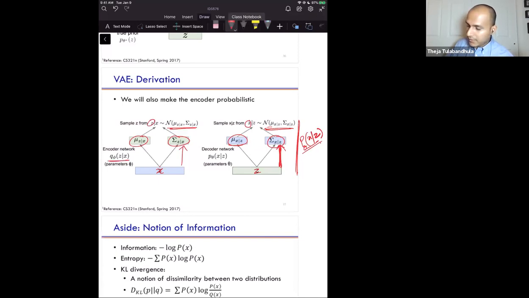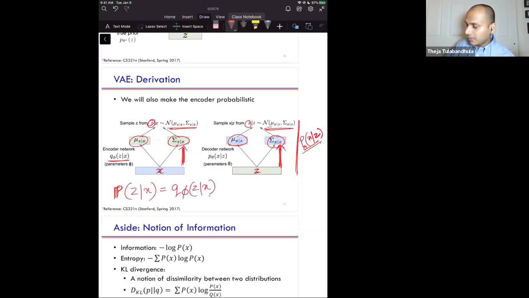There are parameters here, and z is a random variable. So the probability of z given x is going to be captured by q, which has parameters phi, the parameters of the encoder of z given x.